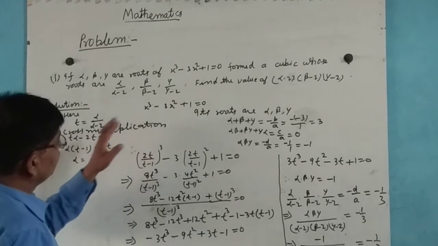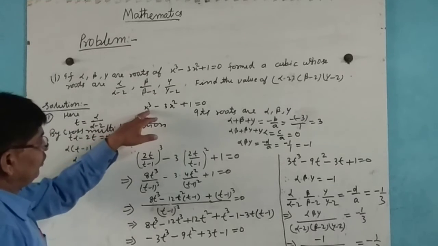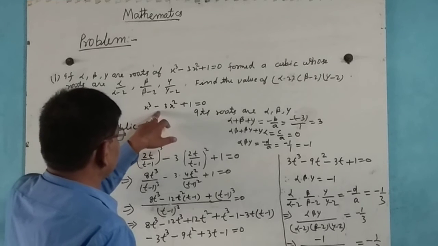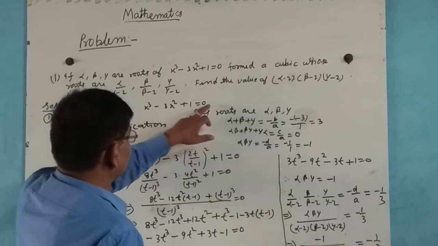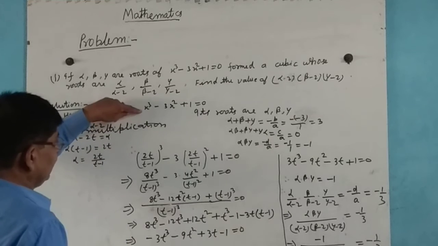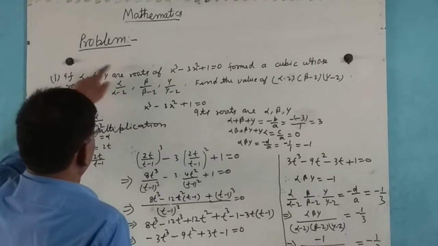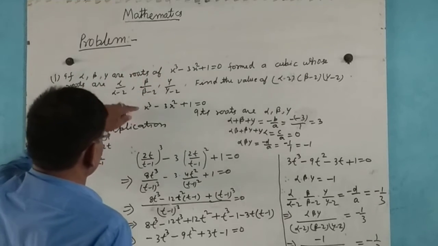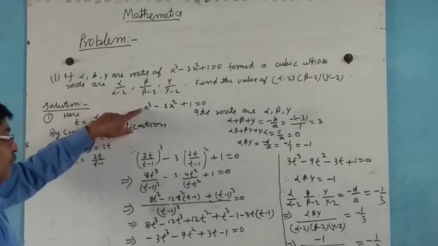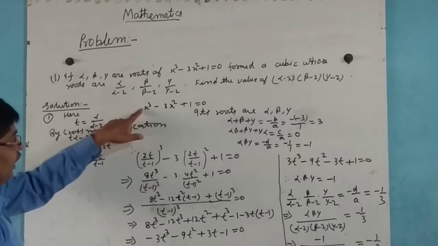Putting this in the given polynomial x cube minus 3x square plus 1 equal to 0, as alpha, beta, gamma are the roots of this, replace x by alpha, beta or gamma.